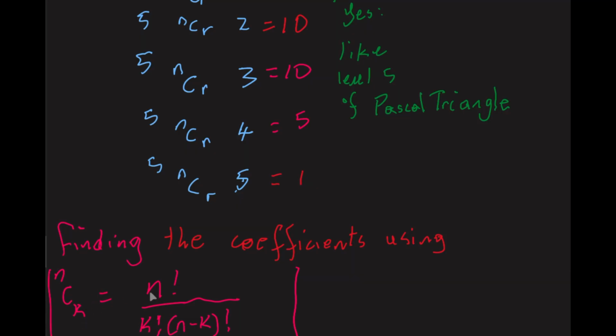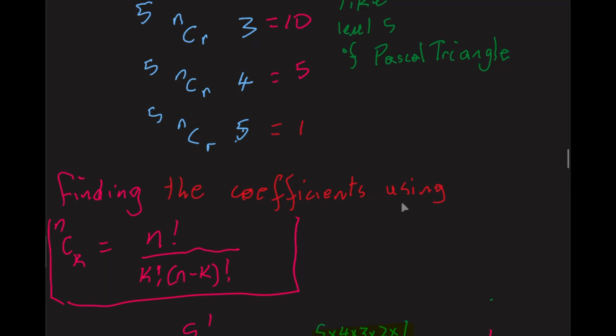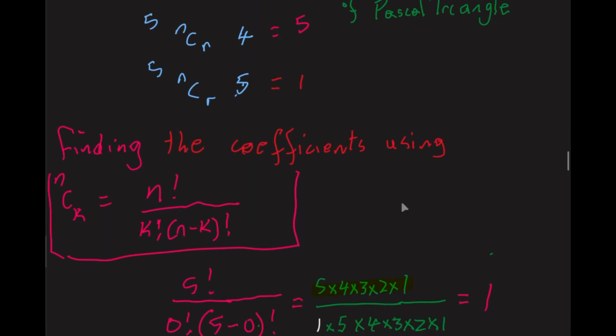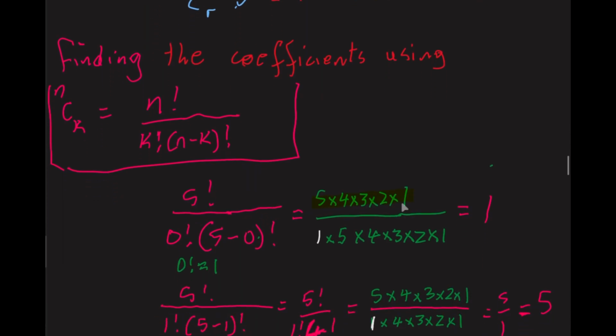So that would be equal to n factorial over k factorial times (n minus k) factorial. So let's say we're going to use this formula to find the coefficients at level 5. What you would do, you would start with 5 choose 0, and plug it into this formula.